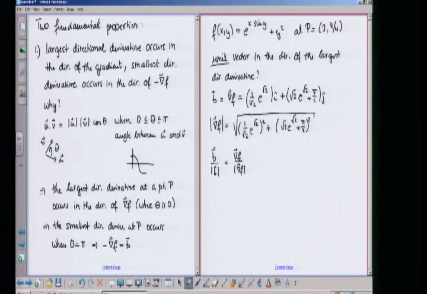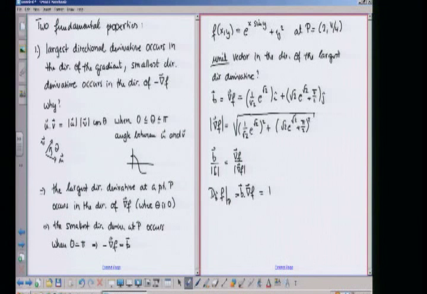What would be the directional derivative? So D_b of f at this point p would be the dot product between b and the gradient of f, right? So you would take the dot product of the gradient of f with itself, which would give you the gradient f norm squared, divided by the gradient of f norm, right?